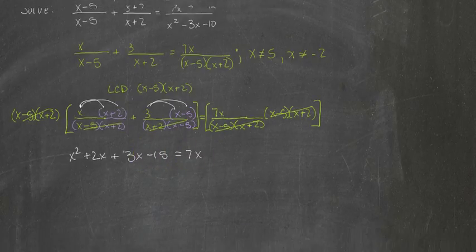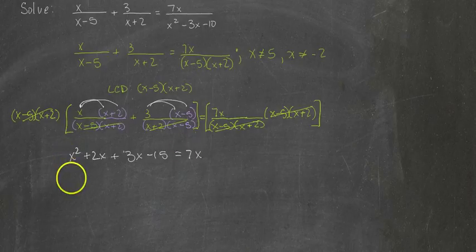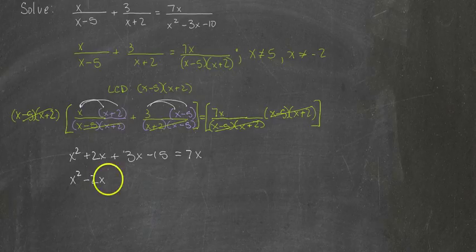And this we know exactly what to do with. Bring all of our x's together. X squared, so 3 plus 2 is 5, take away 7.